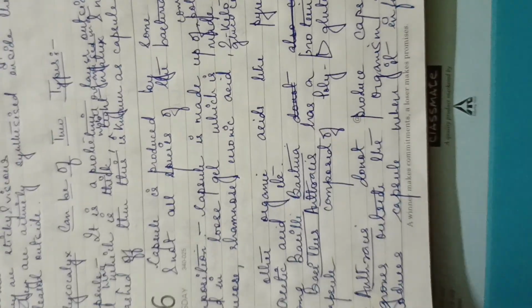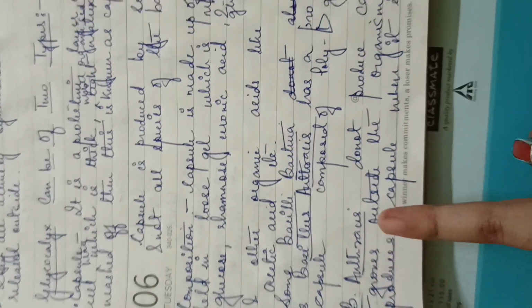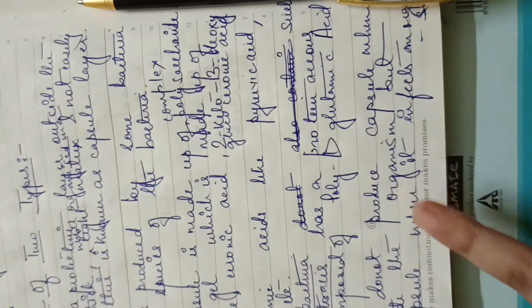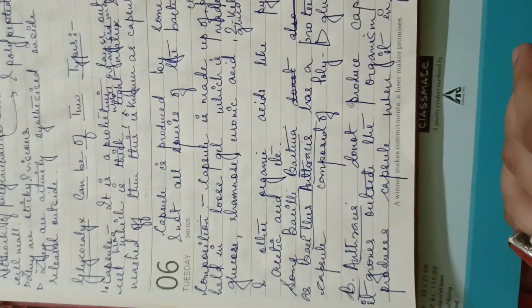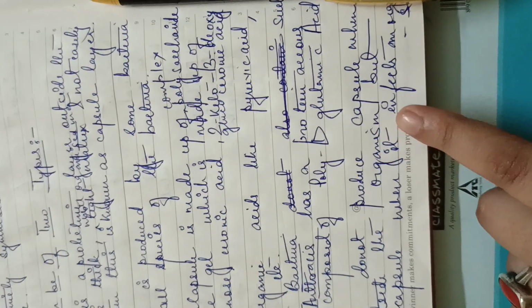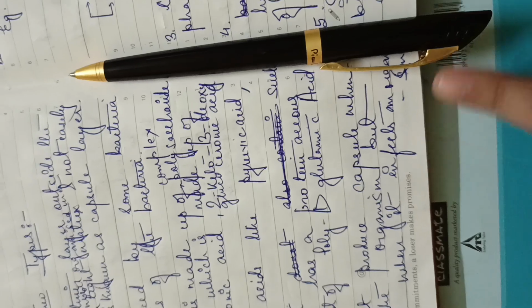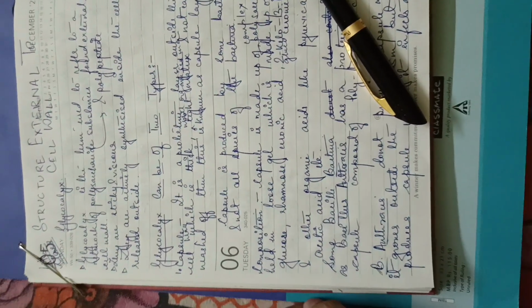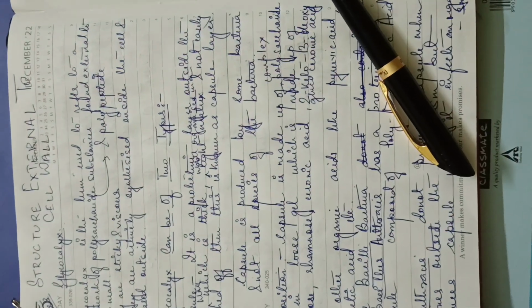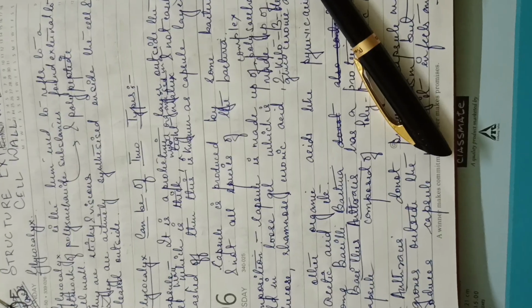Now B. anthracis does not produce a capsule when it grows outside the organism, but it produces a capsule when it infects an organism. When it is growing outside the organism, it does not produce a capsule.